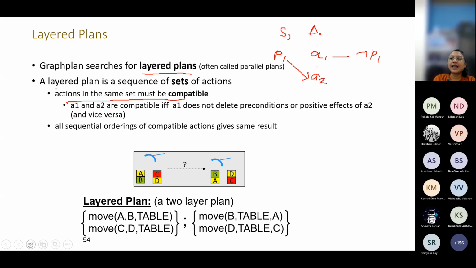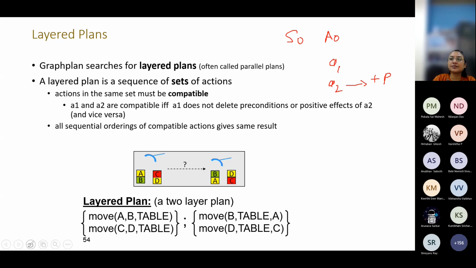Or suppose A2 adds P2 and A1 deletes P2.